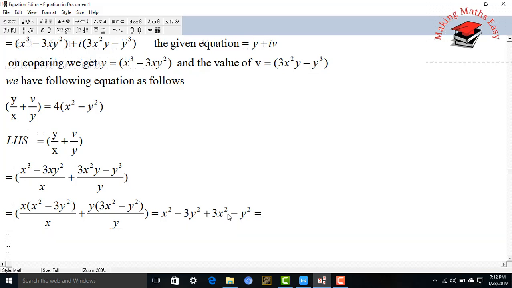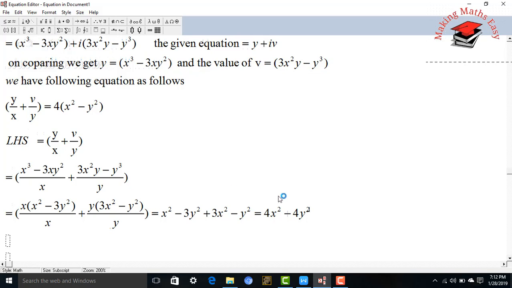So we get the answer as x square plus 3x square gives me 4x square, and minus 3y square minus y square gives me minus 4y square. So the 4x square minus 4y square will be my final answer.